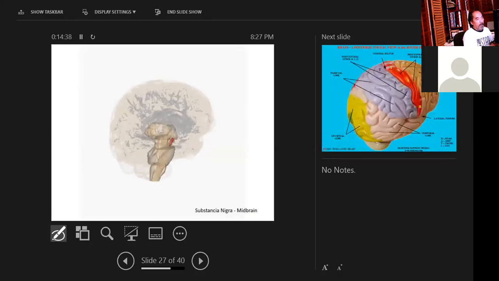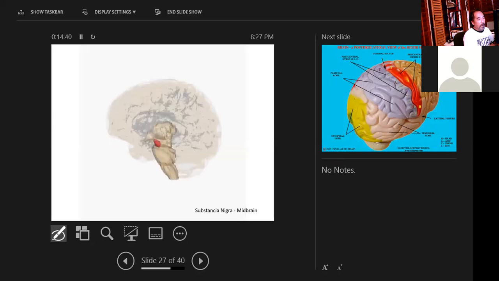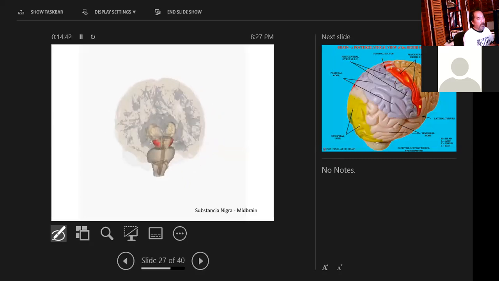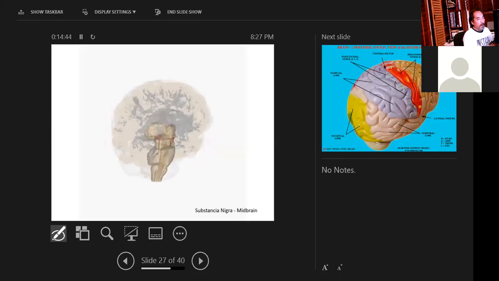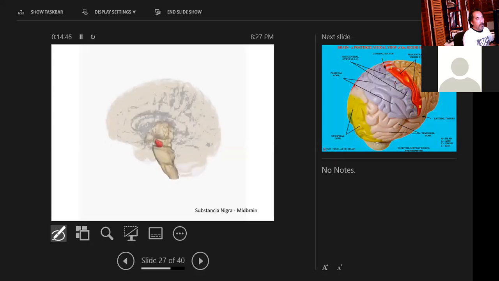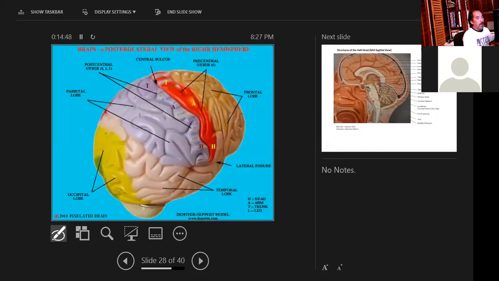And that's going to be the part of the midbrain they call the substantia nigra. That's where Parkinson's patients are having problems. It's part of the midbrain. Again, important is the central sulcus, precentral, which is motor, postcentral, which is sensory. Lateral is called the lateral sulcus actually.